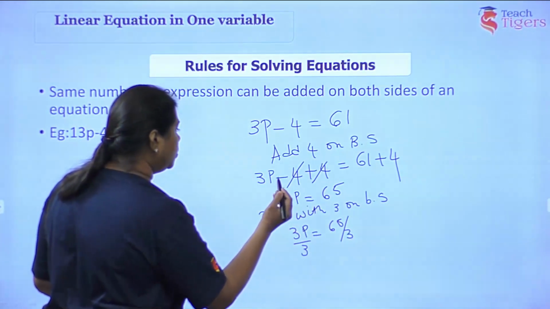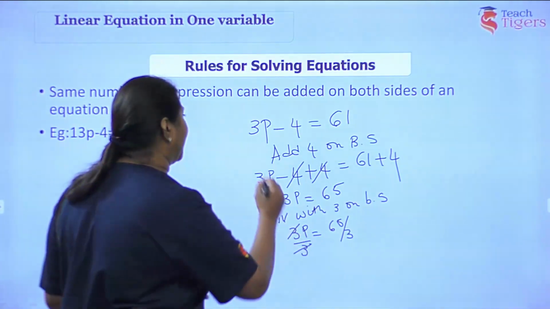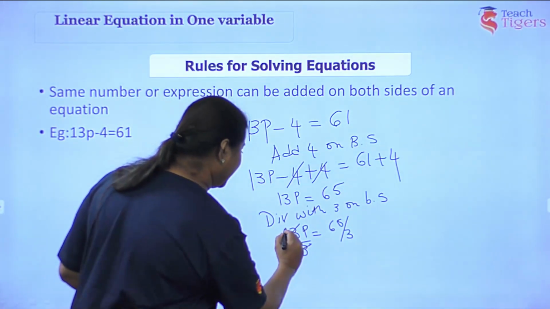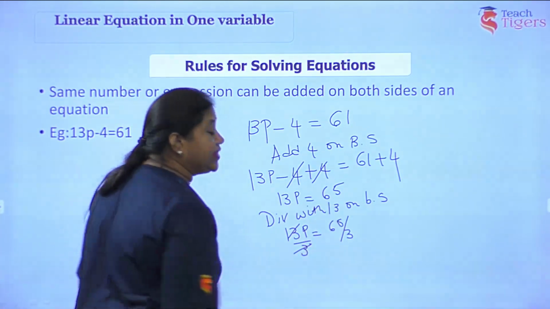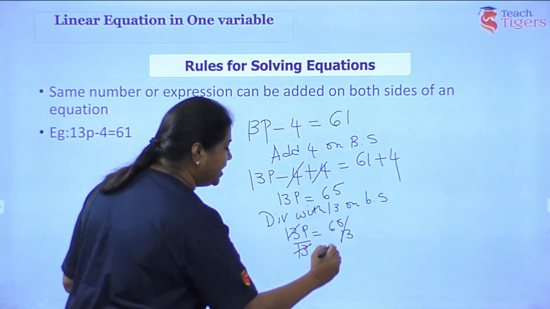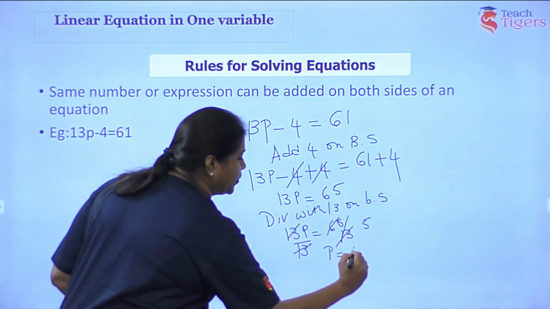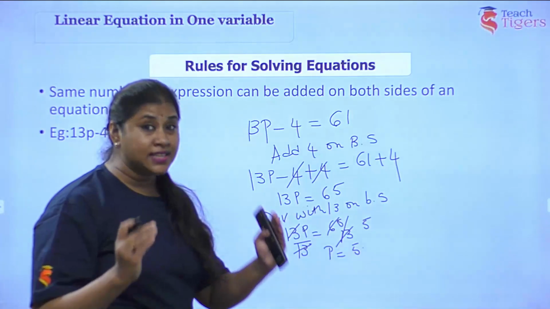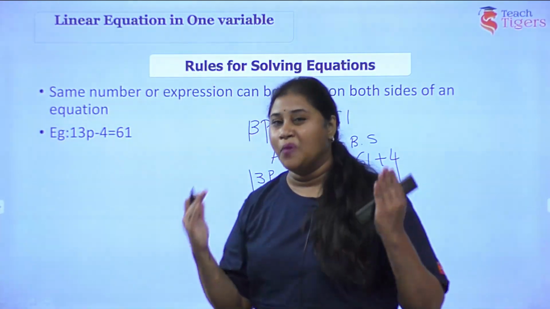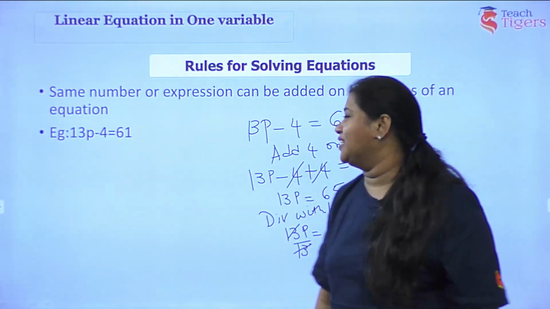So 3 will get cancelled. Oh my god, it is 13. I'm sorry, I have written 3 here. So it's 13. Now I'm dividing with 13 on both sides. So 13 will get cancelled. 13 fives are 65. So p is equal to 5. So this is how you do it by adding the same number on both sides. Sorry for that, because I have written 3 instead of 13.